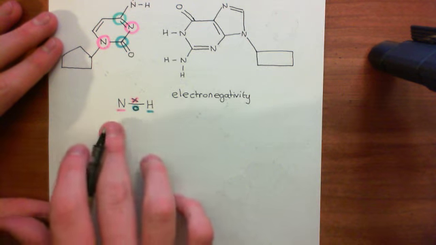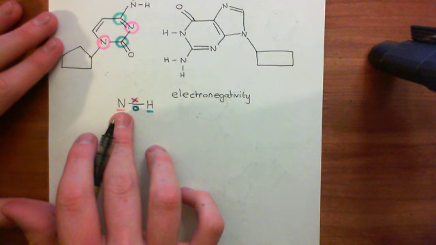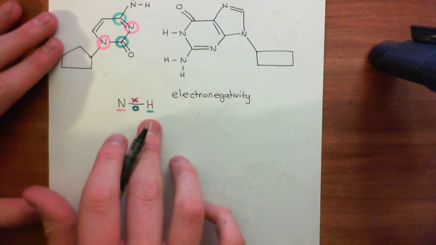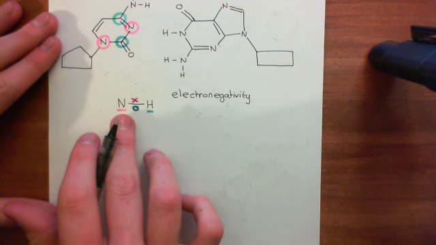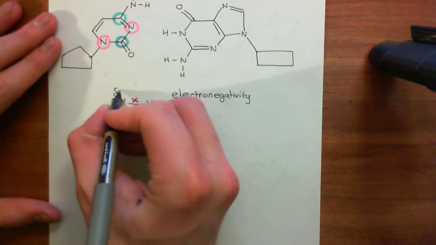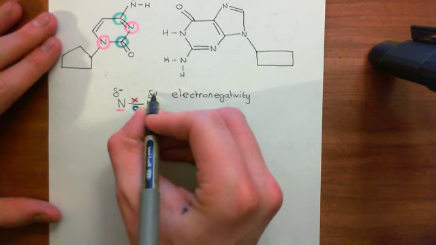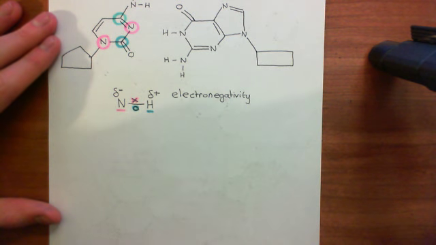Now, nitrogen has a much greater electronegativity than hydrogen, so nitrogen will pull on these electrons harder than the hydrogen atom. So the electrons will sit towards the nitrogen atom, and that will make the nitrogen atom partially negatively charged, whilst the hydrogen atom, which loses the electrons, will become partially positively charged.